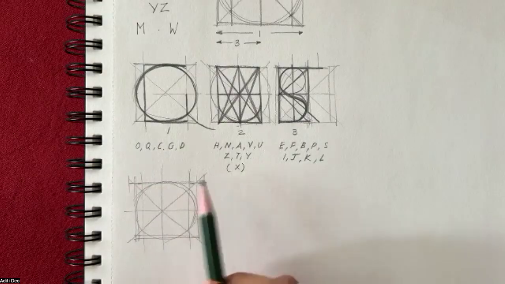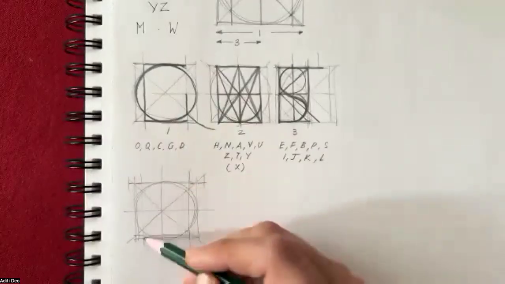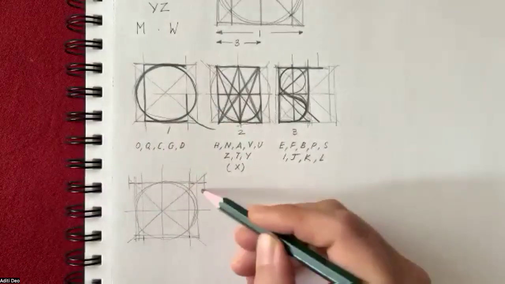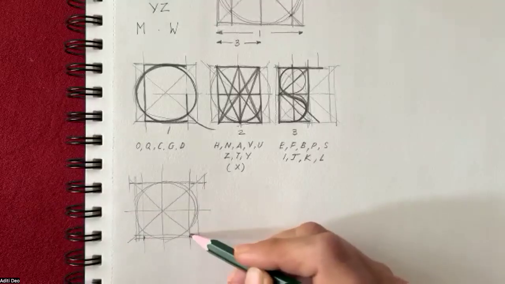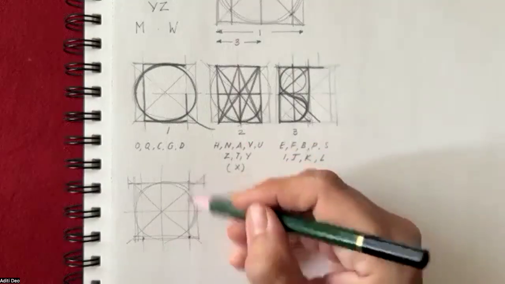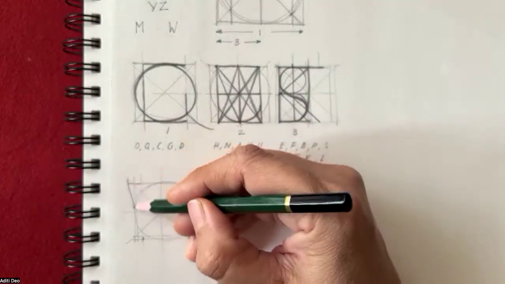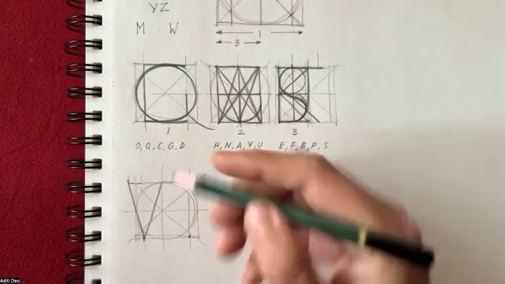You take it outward, so it goes beyond the box. And the slanted lines come and join at this line, again the intersection of the circle and the cross lines. So you get a very elegant W with this.